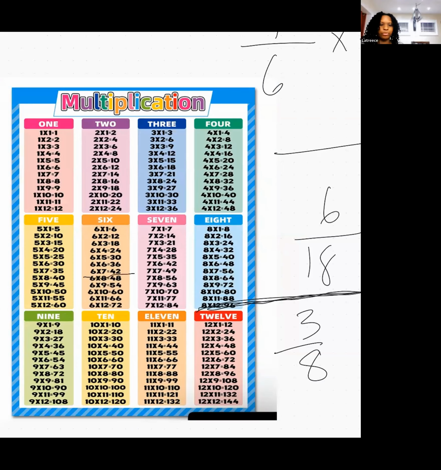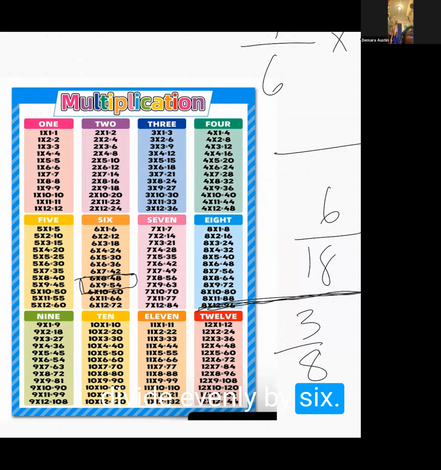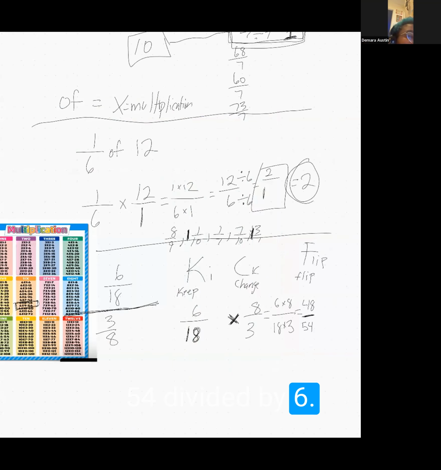Oh, wow. So 48 and 54 both divide evenly by 6. So let's divide by 6. 48 divided by 6 and 54 divided by 6. Since we just looked at the multiplication table, we know that 6 times 8 is 48.